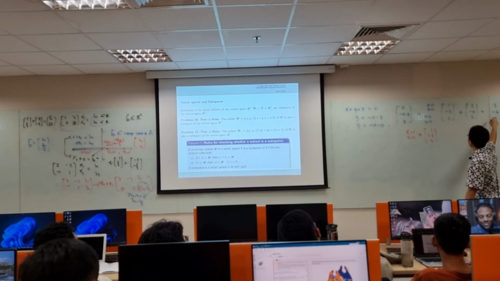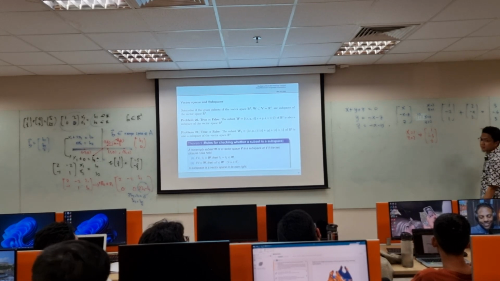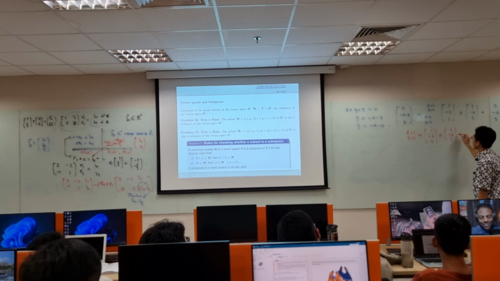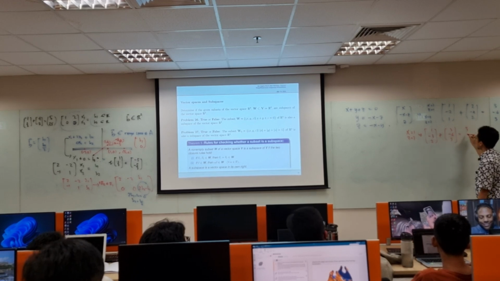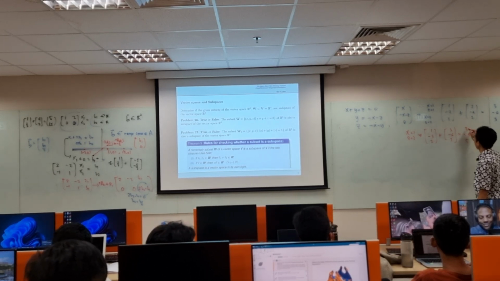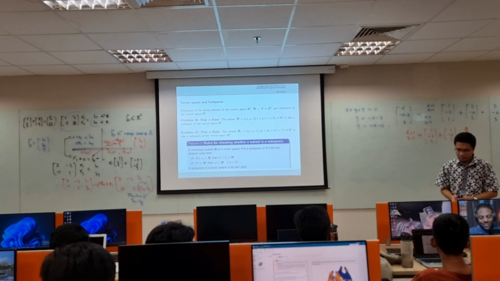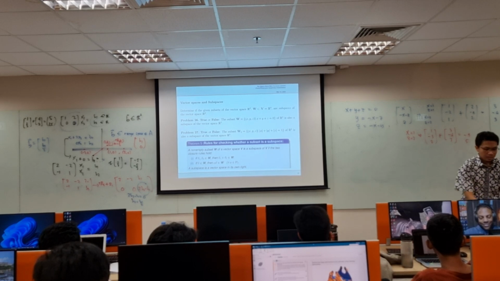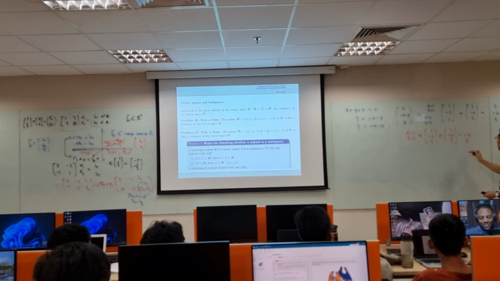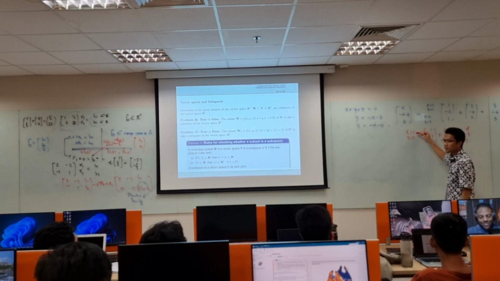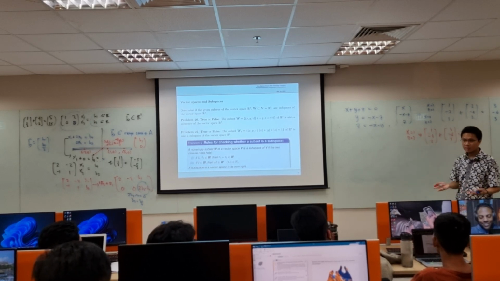Let us add this with 3, minus 6, and 3. What does it become? 4, minus 9, and 5. So when we add them up, it's still 0. In fact, you can choose any number for x and z.